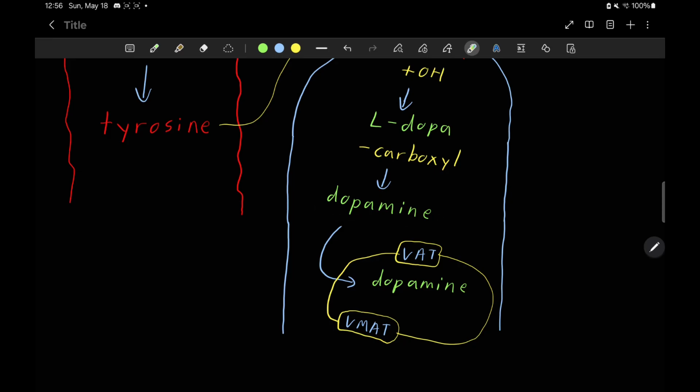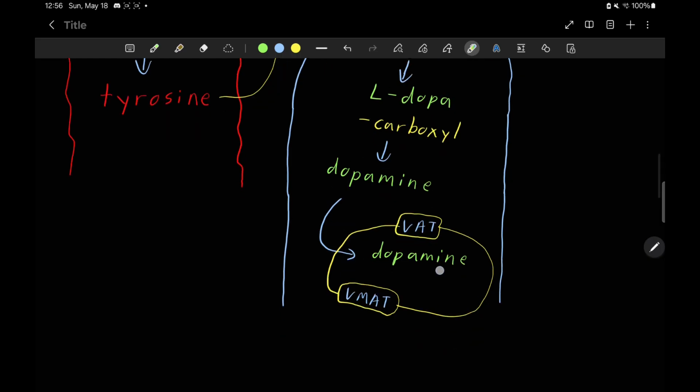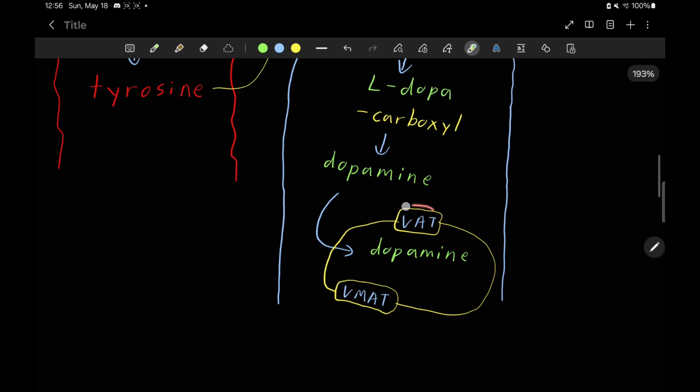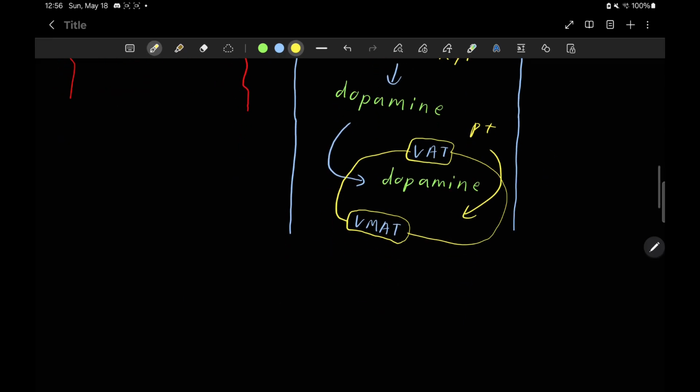Now that dopamine has been produced, it has to get packaged, so we can transport it inside this storage compartment known as a vesicle with the help of your enzymes called VAT and VMAT. What VAT does is it pumps protons, positively charged protons, into your vesicle, generating a force called the proton motive force.